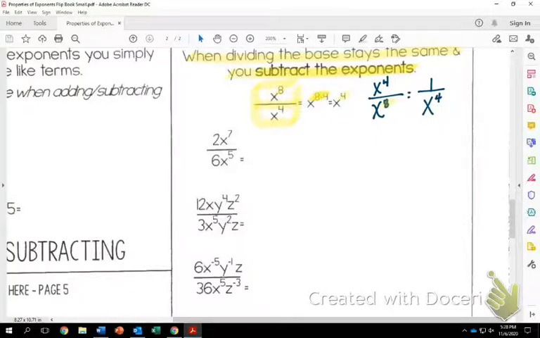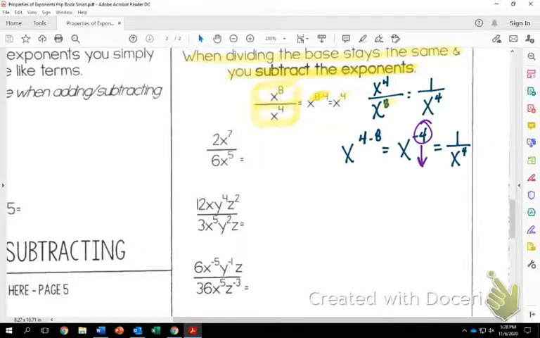Technically, the math behind this would be x to the 4 minus 8, which would equal actually a negative 4. So that's why with a negative exponent, we know we would have to flip it. So this would end up being 1 over x, and then the 4 follows the base, the x. And so we end up with the same answer. It doesn't really matter how you think about it, but hopefully one of those explanations will assist you in that process.